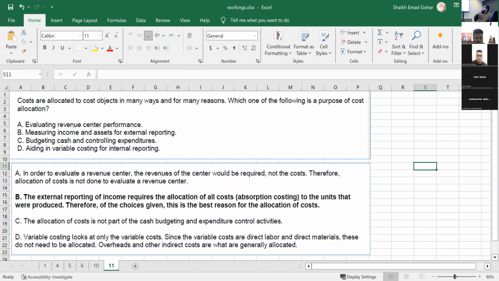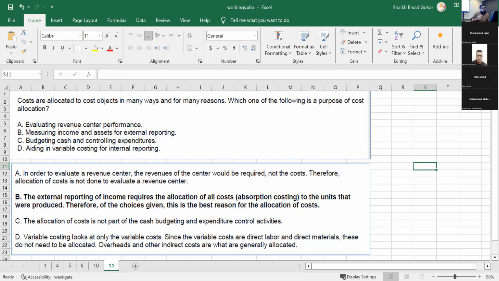Since the variable costs are direct costs, they need not be allocated. Here they are not capturing the variable overhead, because variable overhead we allocate, right or not? In this answer, they are not mentioning variable overhead. You can argue with me that no, sir, in variable costing also we have allocation, but the allocation is for what? Variable overheads, right?